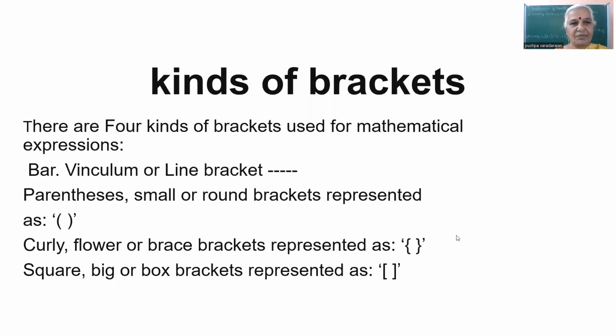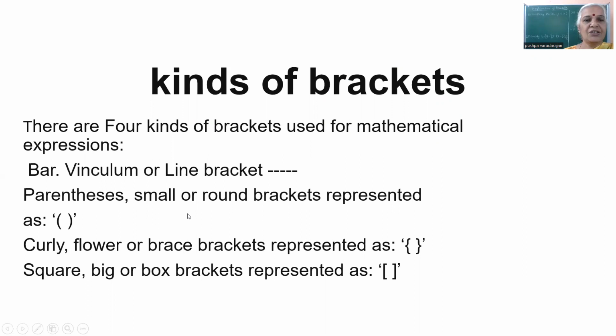Kinds of brackets. There are 4 kinds of brackets used for mathematical expressions. The first one is the bar or vinculum or line bracket. It's a line used to represent a bracket.